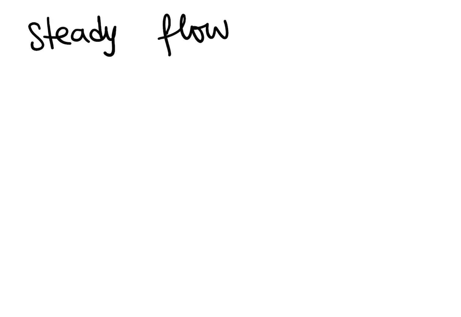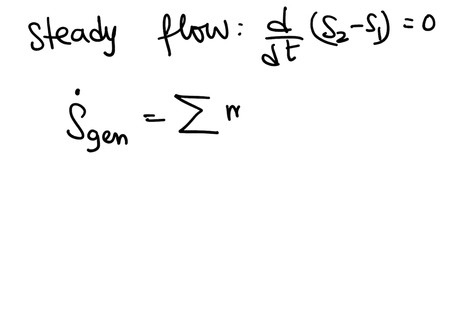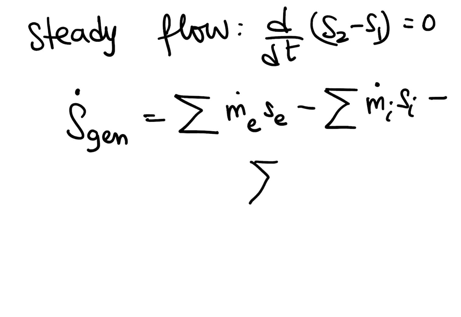So if we think of a steady flow system, which is all we deal with in this class, d over dt of S2 minus S1 is 0, and the entropy generated is equal to the sum of me dot Se minus mi dot Si minus Qk divided by Tk.